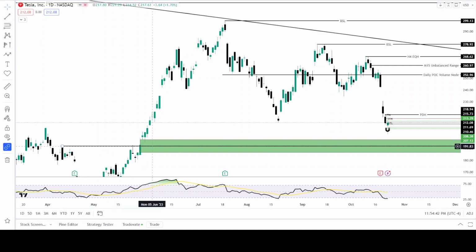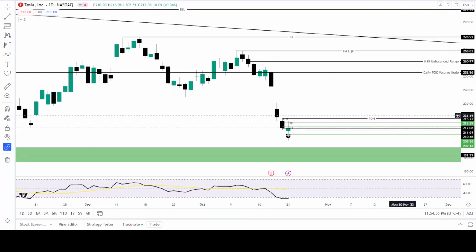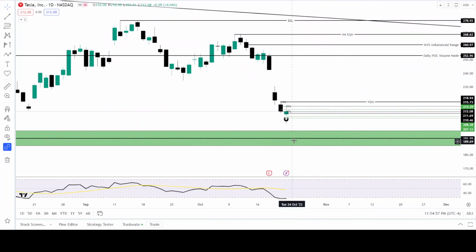But we have that, which also happens to coincide and correlate with the consequent encroachment of this fair value gap, or the 50% or the halfway point, however you want to look at it. So we do still have a downside target, at least one, that we haven't balanced the price range, and we haven't dropped into this fair value gap.